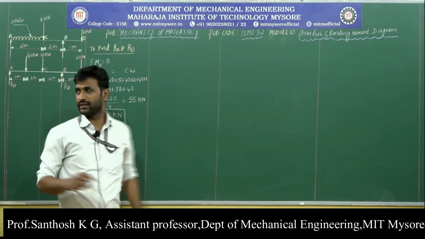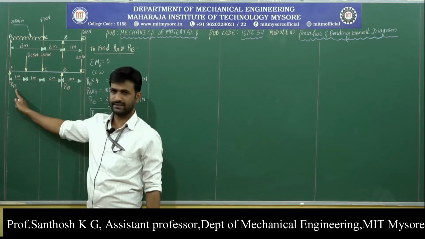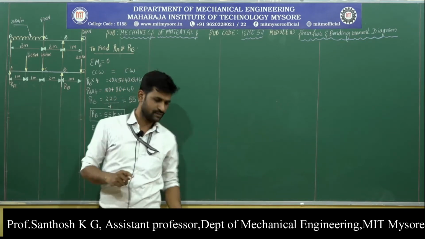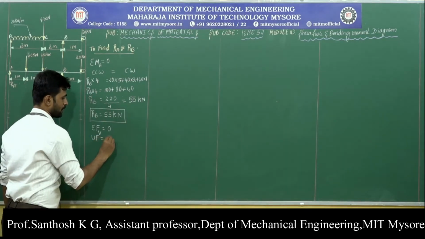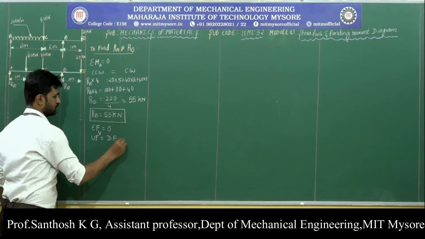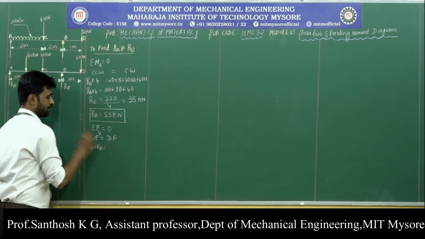In the given beam, we have two upward forces: one is RA and the other is RB.